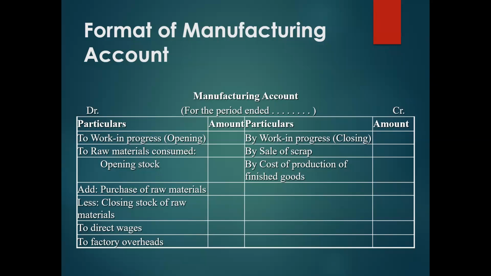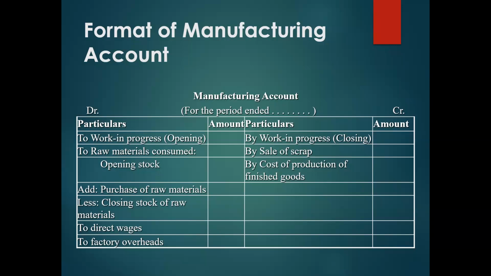This manufacturing account, as I said, is only prepared in companies where production is happening, where the manufacturing process is happening. So it will not be frequently used in most cases.